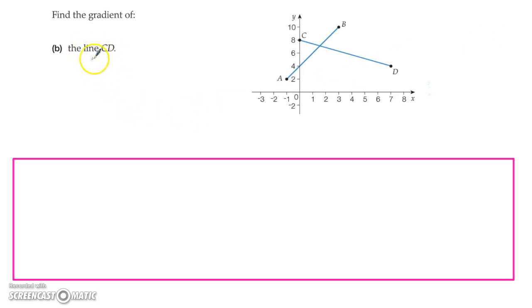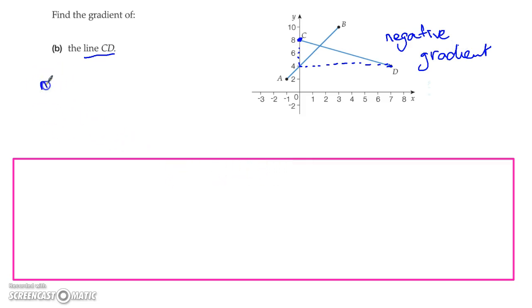Find the gradient of the line CD. Here's C, here's D. Join them up with the triangle. Now you'll notice that CD is sloping down the other way, so you should be thinking that I have a negative gradient before you even go any further, because it is sloping the other way.